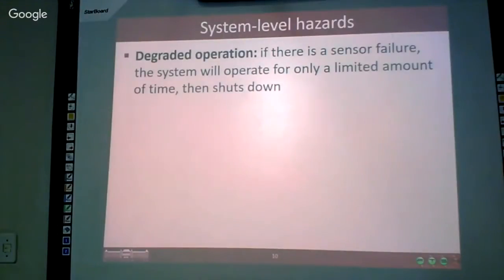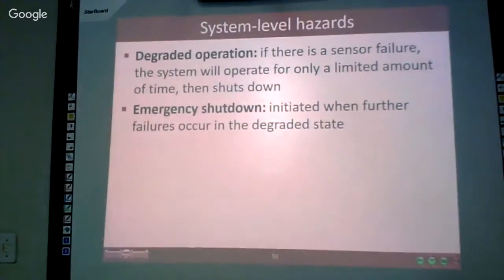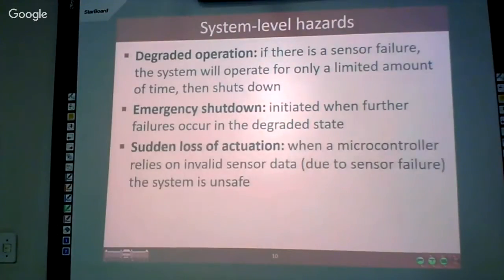The degraded operation was that if there was a sensor failure, then the system operated for only a limited amount of time, and then it shuts down. An emergency shutdown is initiated when further failures occur in the degraded state. What is very important is the sudden loss of actuation. Actually, this is what happened to the Boeing, and that's why so many people died.